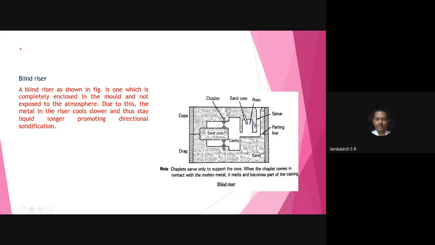See here. You can observe in the sprue only, pouring basin and the sprue. And you know the volume of the mold cavity, the capacity of the mold cavity, say for example, 25 kg. The volume of the mold cavity, that is the weight of the casting, is 25 kgs.